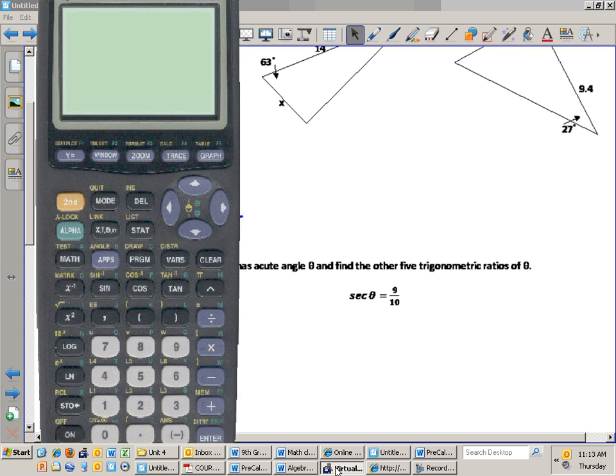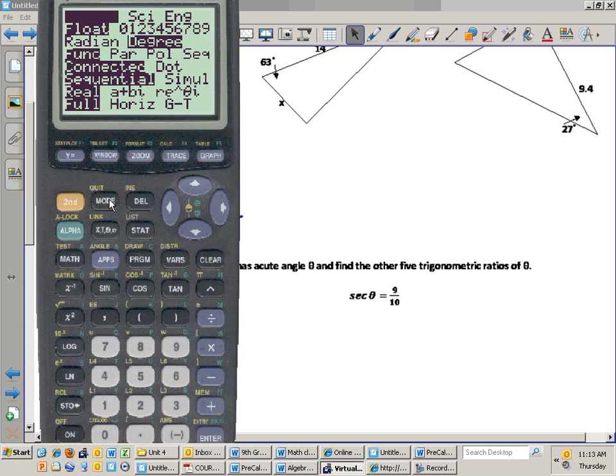So if you take out your calculator and first of all hit mode and see whether or not you're working in radians or degrees. As you can see here, I'm working in degrees. The third one down says radians and degrees. You will come up with completely different answers because 42 degrees is completely different than 42 radians, right?